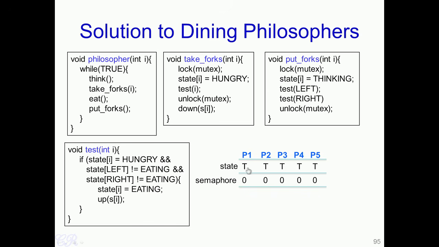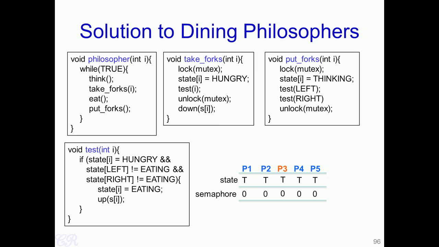So, let us say all the philosophers are in the thinking state, and then philosopher 3 goes from the thinking state to take fork, and as a result the take fork function for philosopher 3 gets invoked, and the state of the philosopher then changes from thinking to hungry.